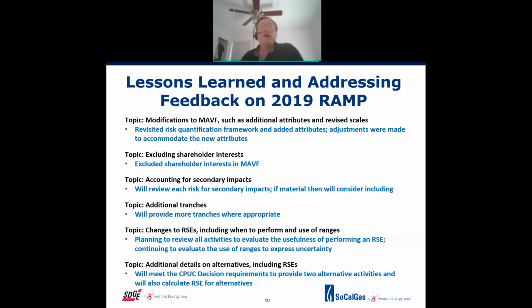We previously had a safety attribute, and now we've expanded it to be health and safety. Also, adjustments were made to the weights to accommodate the additional attribute. We took the 5% for trust and reputation from the financial attribute, and there was a discussion on the previous slide as to some of our thoughts behind that.